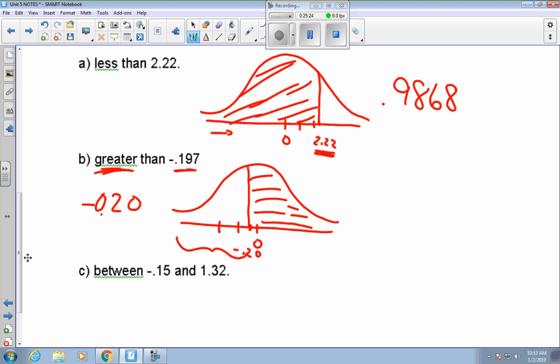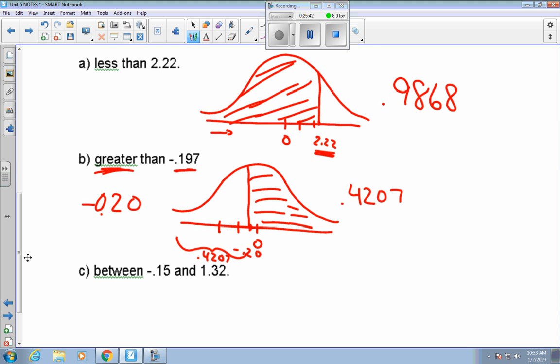Be very careful because it's not the first one. It's all the way at the end. So it should be 0.4207. So that's this portion right here, 0.4207. That is the unshaded portion.